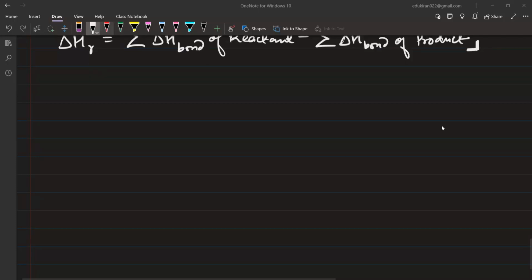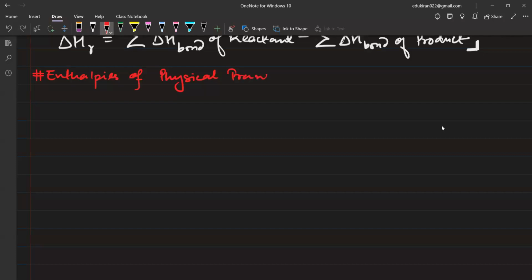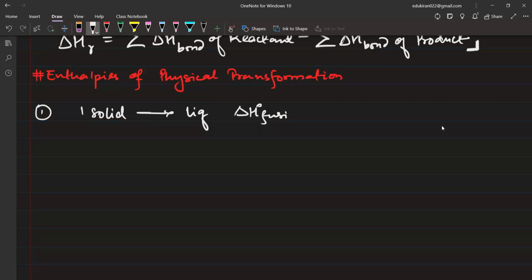Right, next. Enthalpies of physical transformation. Physical transformation, meaning, for example, if I go from 1 mole of solid to 1 mole of liquid, this is delta H naught of fusion, or you will see it as delta H naught of FUS.